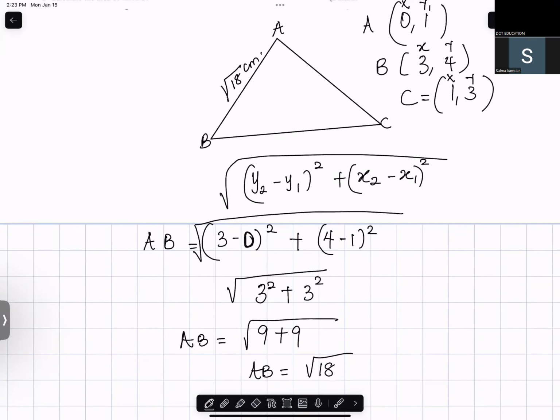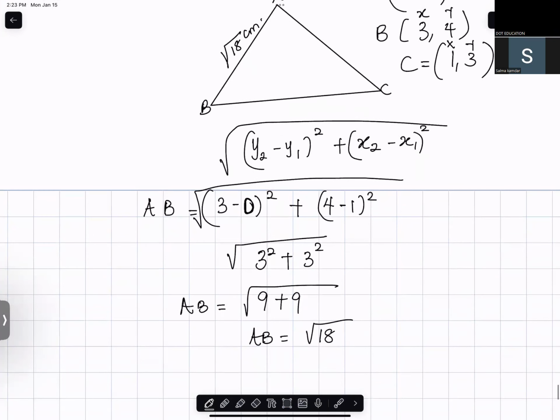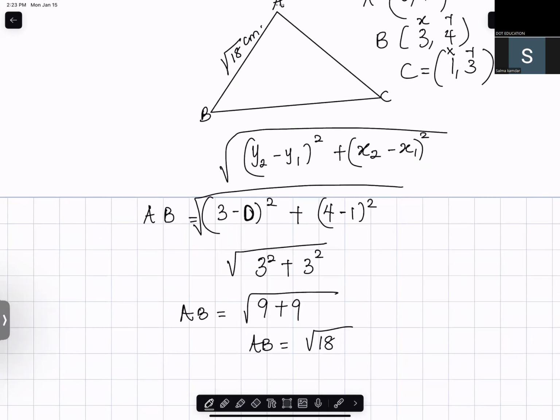Same formula will apply to find our BC. So looking for BC, same thing. I have y2 minus y1, that is 3 minus 4 squared plus 1 minus 3 squared in roots.